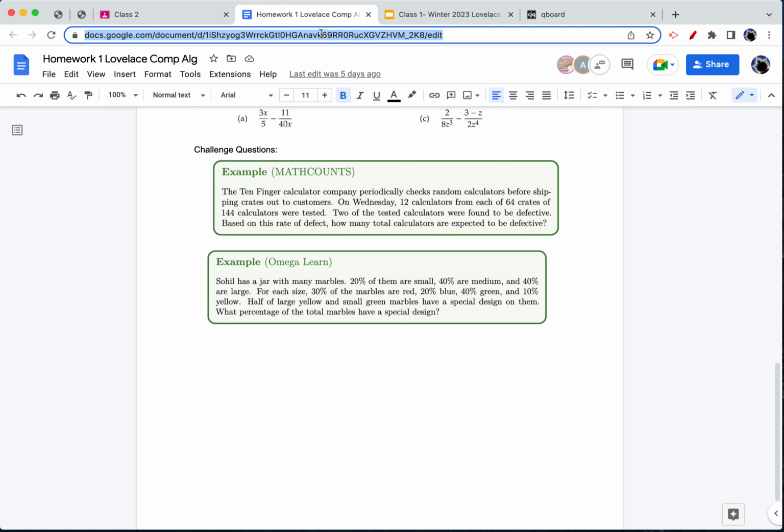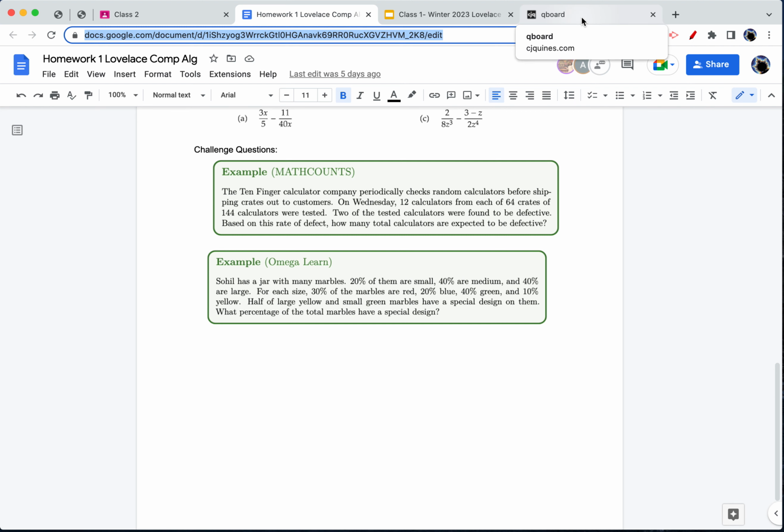On Wednesday, 12 calculators from each of 64 crates of 144 calculators were tested. 2 of the tested calculators were found to be defective. Based on this rate of defect, how many total calculators are expected to be defective?